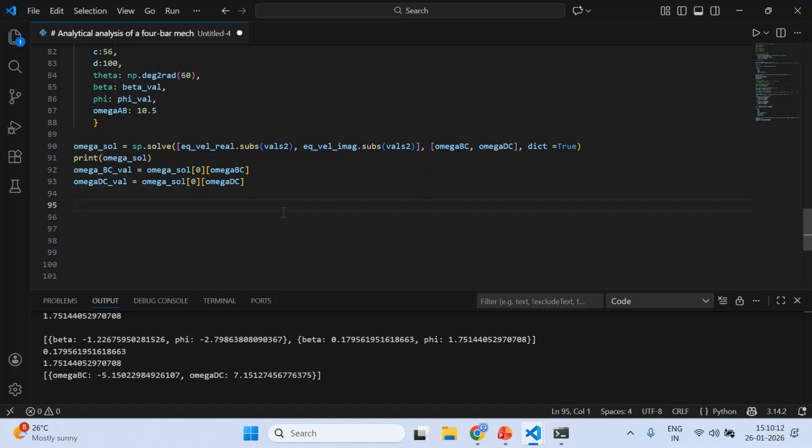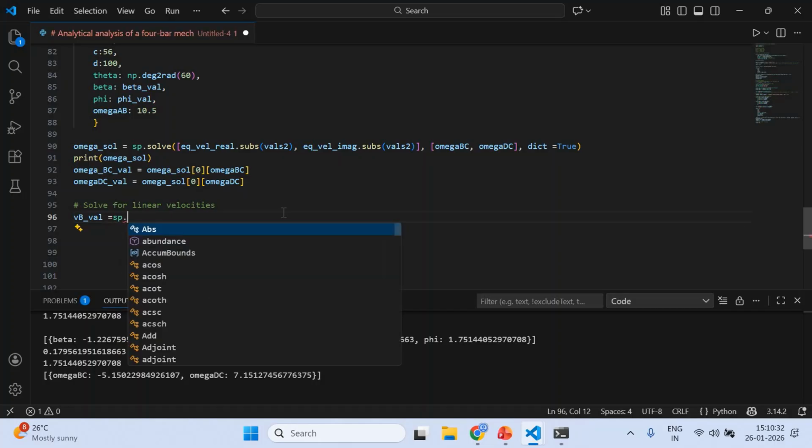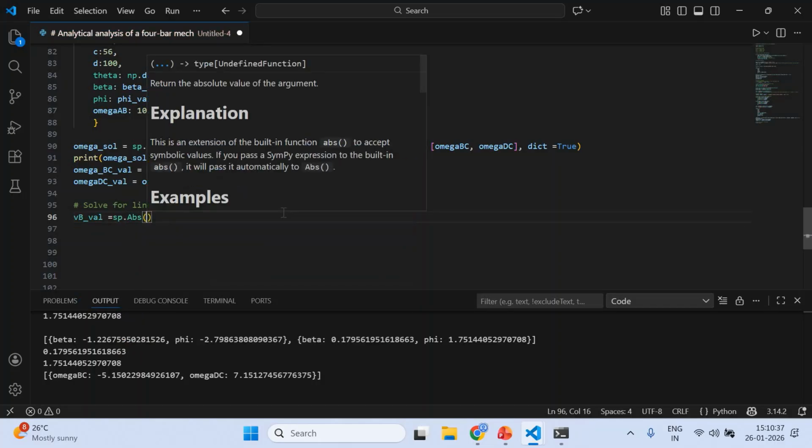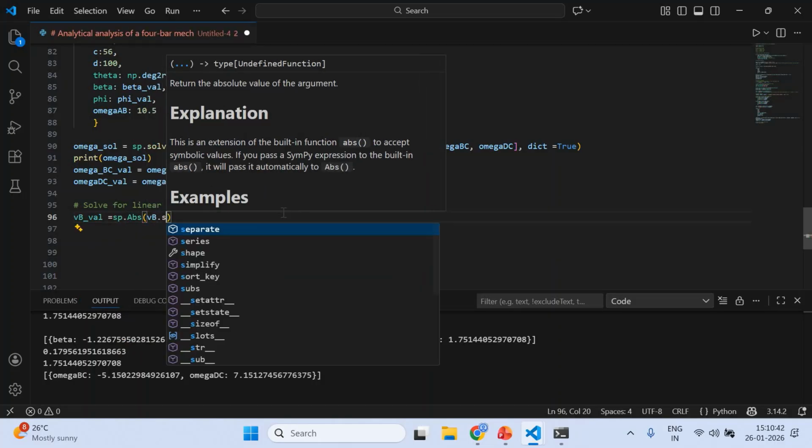Then let us solve for linear velocities. Once you have obtained the angular velocities, solving for linear velocities is simple substitution, nothing else. So VB underscore well, right? This is the absolute value of the complex equations that we have defined before.